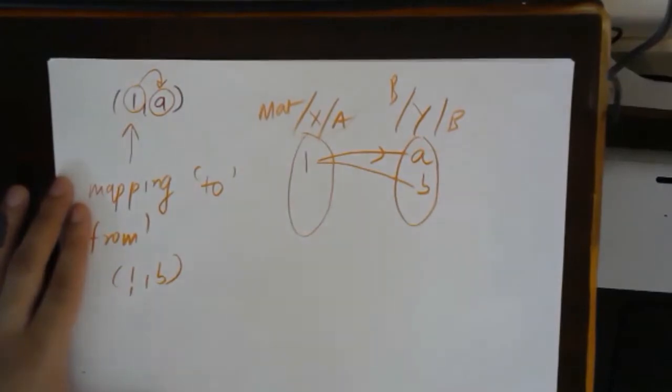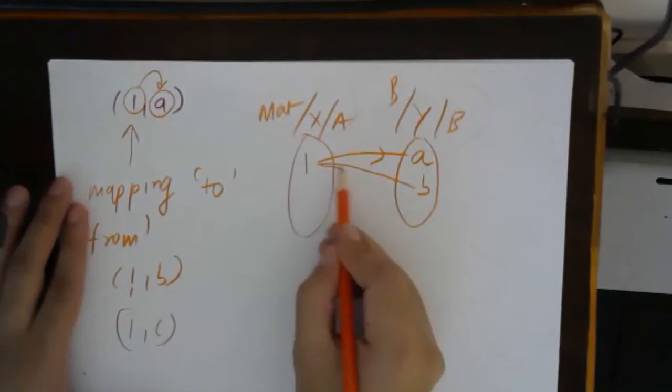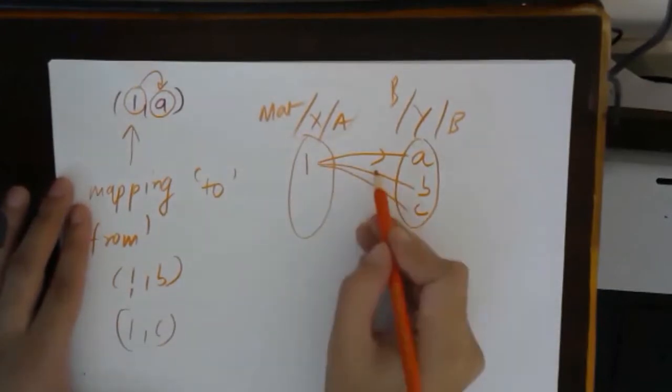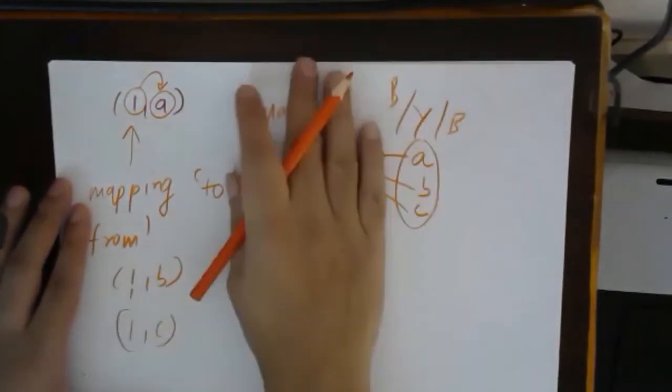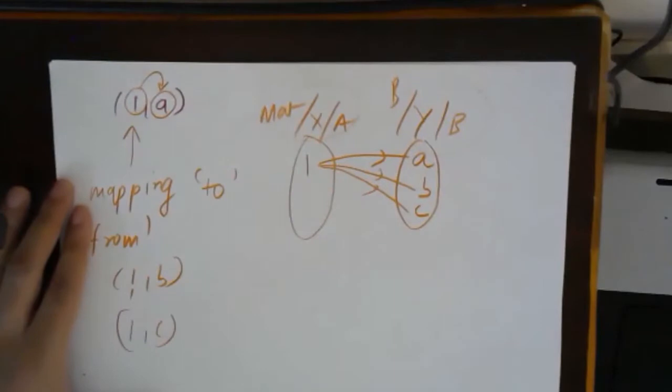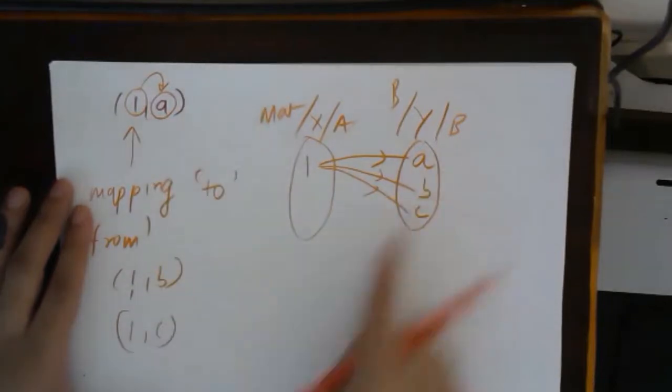Now see, if I write 1 comma C also, that means this 1 from the first set is linked with another element which is C. So what does this mean? 1 comma B means 1 is from the first set and B is from the second set. 1 is linked with the second set elements, A, B, or C.